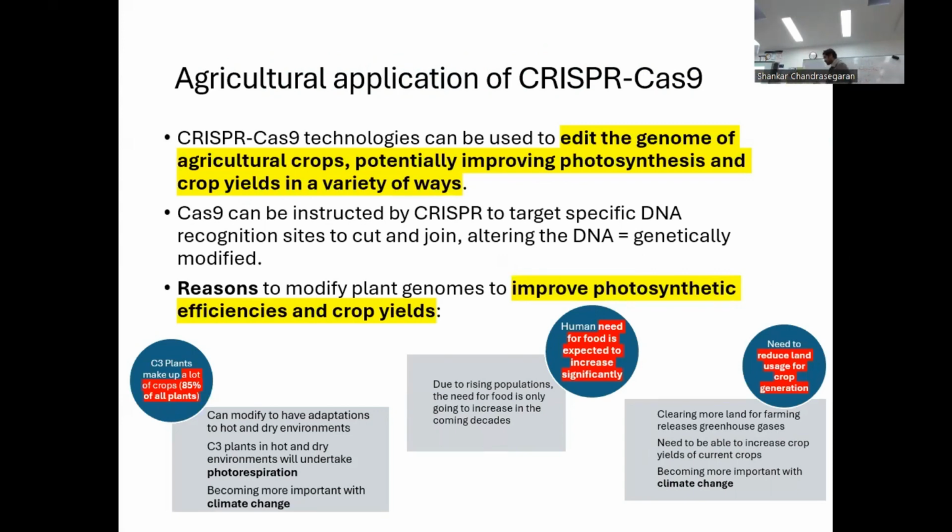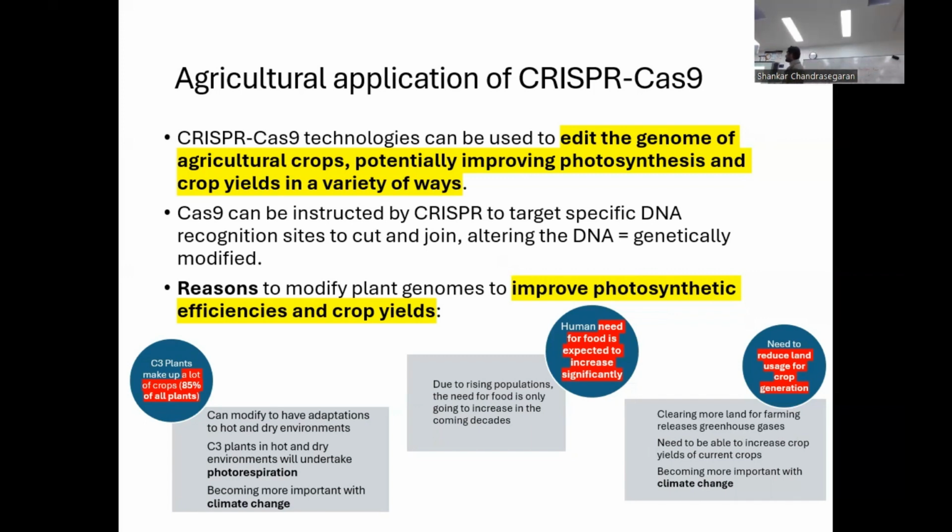Essentially, by changing the genome of agricultural crops, we can get a lot of function out of it, be it improving photosynthetic efficiency or even increasing crop yields in a variety of ways. We can even add nutritional value to the crops, meaning that we can make the crops have a higher nutritional value, so have more carbs or more vitamins or more minerals.